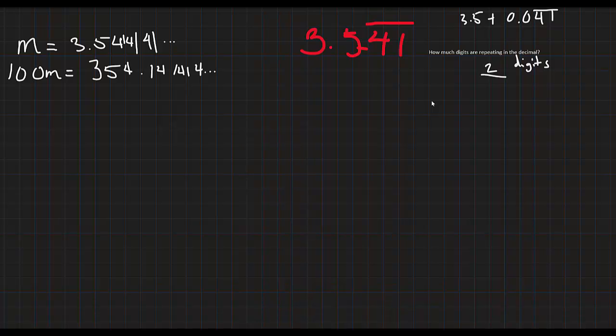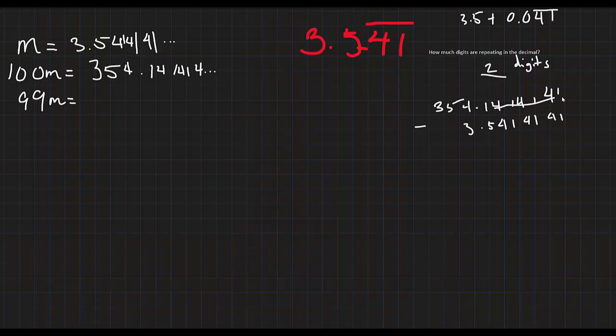Now we're actually going to subtract the first equation from the second, which is basically subtracting m on both sides. If we do that on the left side, we'll have 99m is equal to, well, let's put this aside for now. What is 354.141414 and so on minus 3.5414141 and so on?